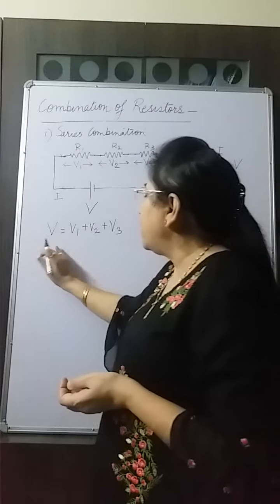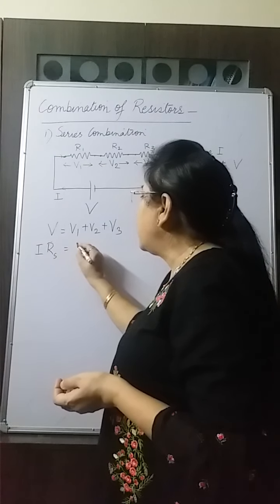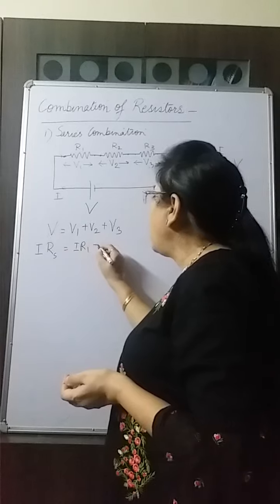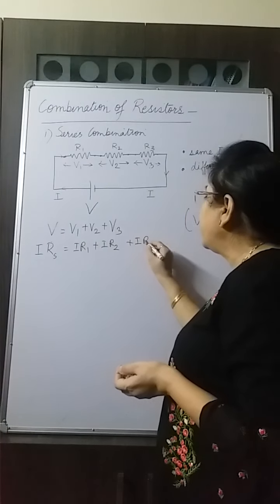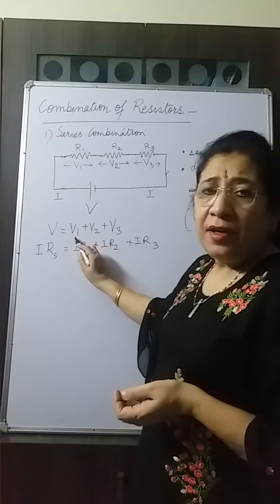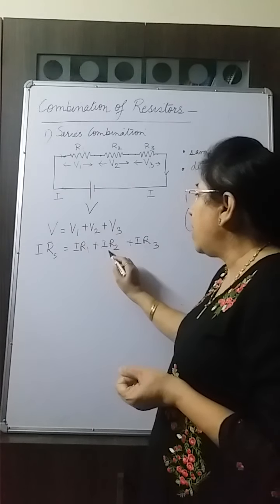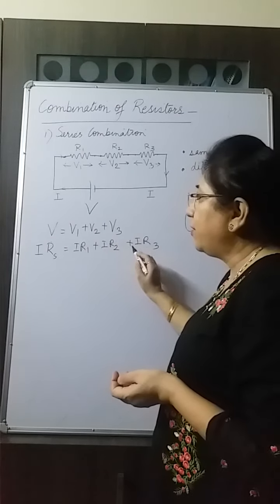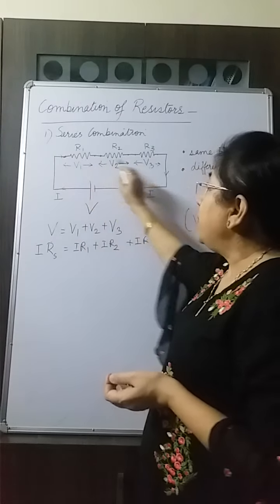So using this relation, we can write here I Rs equals I R1 plus I R2 plus I R3. In each case, we have written for potentials V1 as IR1, for V2 as IR2 and for V3 as IR3. And the net potential of the combination is V.